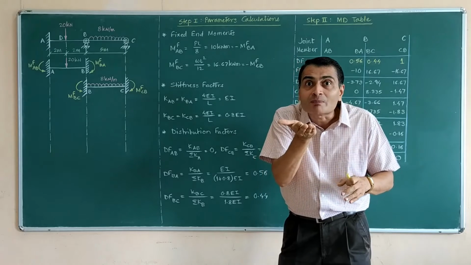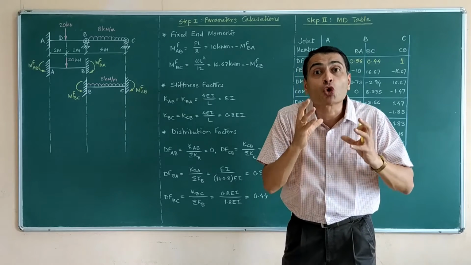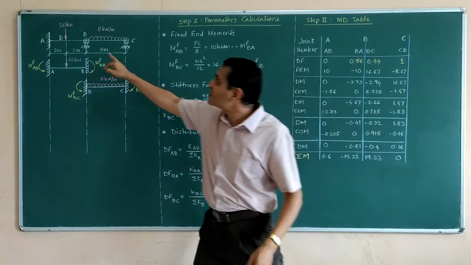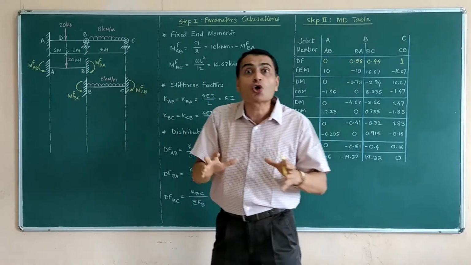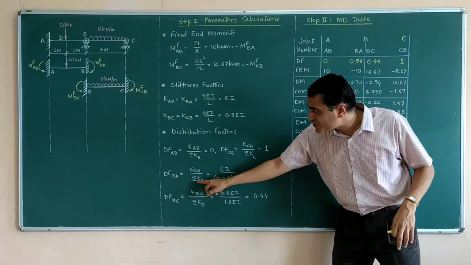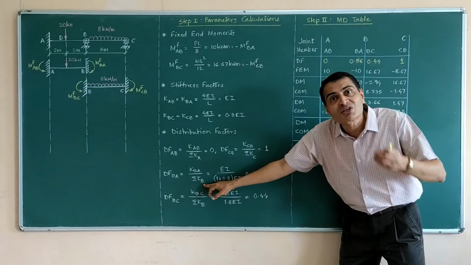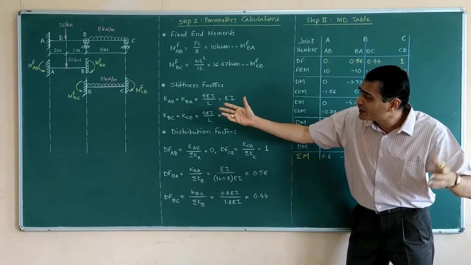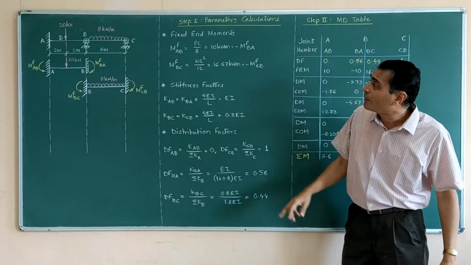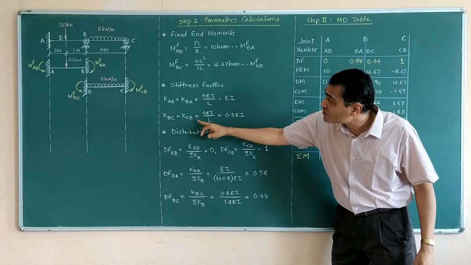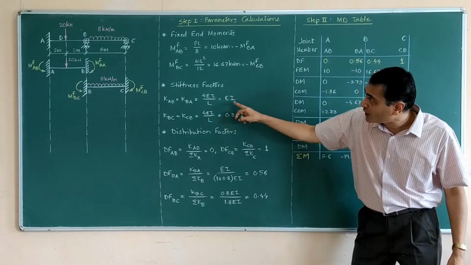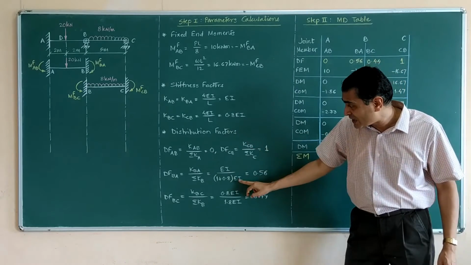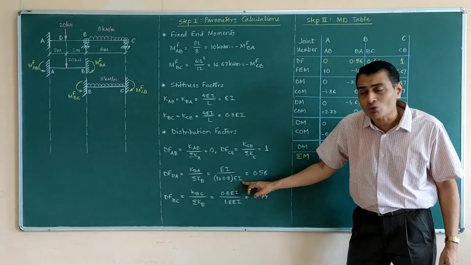It is supporting through the medium of a roller, through the medium of a pin. So if that is the case, its stiffness is not contributing. So when I think of sigma K at B, that stiffness is 0. So I simply get K of BA upon stiffness of BA plus stiffness of BC. That is what I have written, 1 times EI plus 0.8 times EI. EI as a common factor I have taken outside.